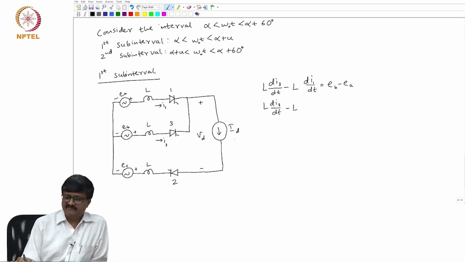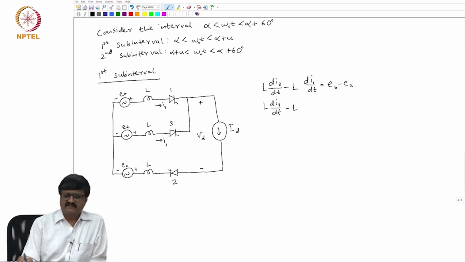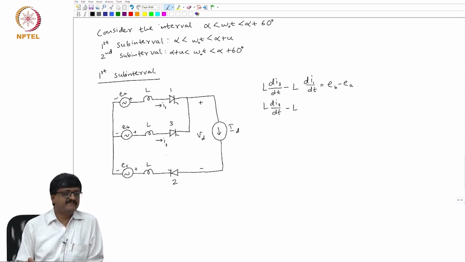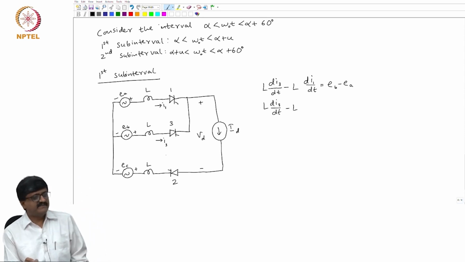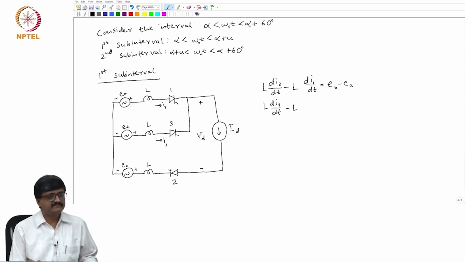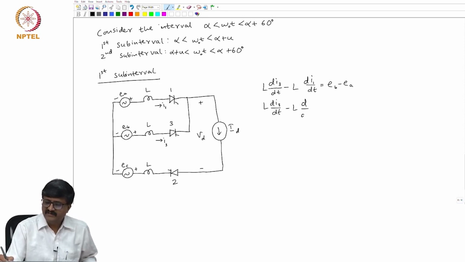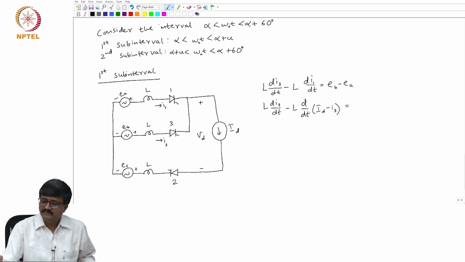If Id is the current on the DC side, I1 and I3 are related to Id. So, I can write I1 as Id minus I3, by Kirchhoff's current law at this node. So, this is L d/dt of (Id minus I3), equal to EB minus EA, which is root 2 V sin omega0 t.